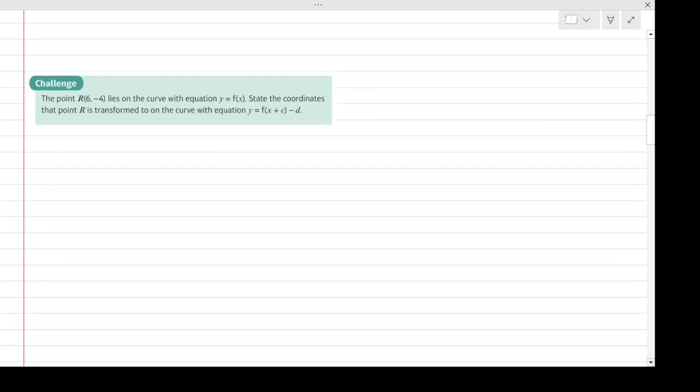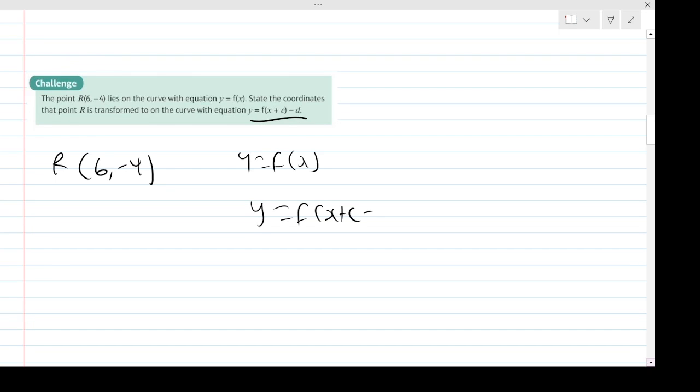Okay. In this question, we're told that the point R (6, minus 4) lies on the curve y is f of x. We need to state the coordinates when it's transformed to now y is f of x plus c, minus d. So where does the coordinate transform to under this new function here? Well, again, with my philosophy, (6, minus 4), if I transform it, well, firstly, f of x plus c.